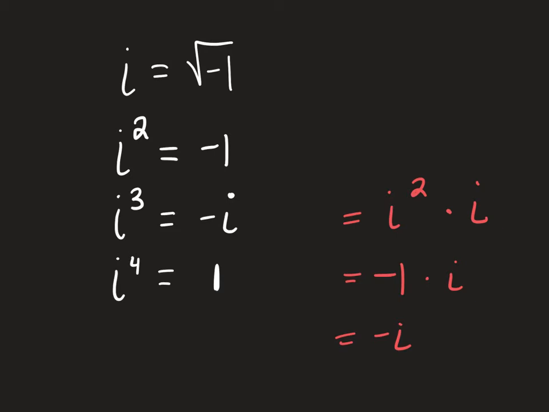Right, so typically there's going to be times we work with complex numbers that you're going to get larger powers of i that you have to simplify down. The easiest way to do that is, let's say we have i to the 23rd power. You're going to divide it by 4.